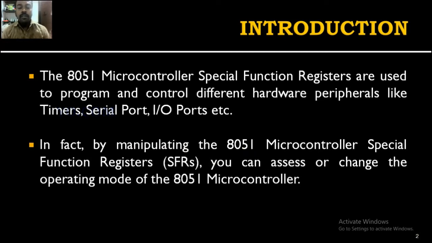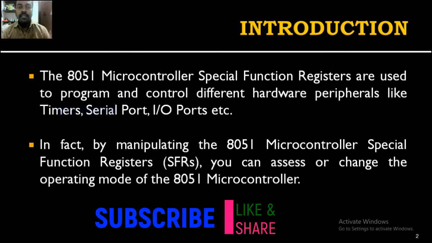In the 8051 microcontroller, the special function registers are used to program and control different hardware peripherals like timer, serial port, and IO port. In fact, by manipulating the 8051 microcontroller SFRs, you can access or change the operating mode of the microcontroller. Simply, a register can store 8-bit or 16-bit data.